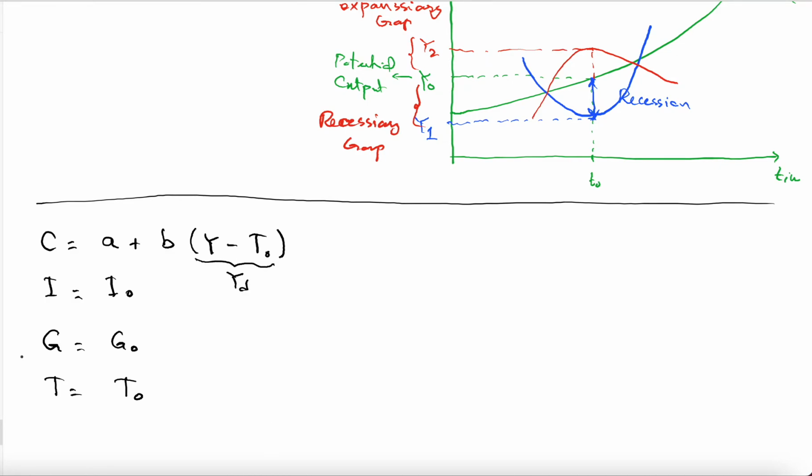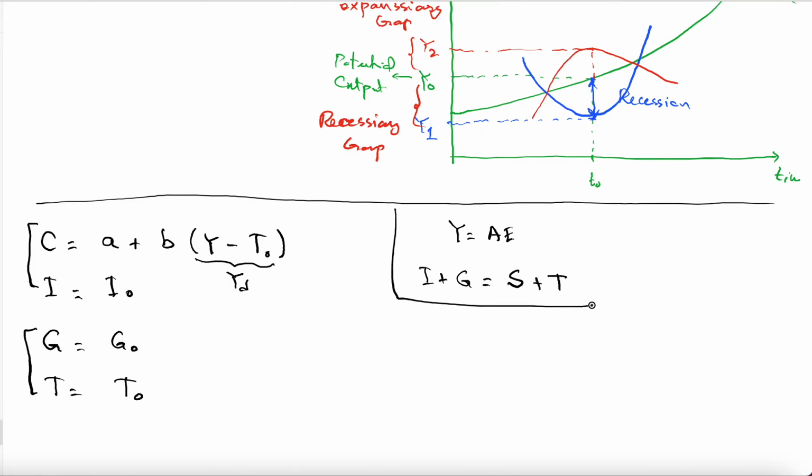So if this is our model, private sector, public sector, the equilibrium would be Y equal to aggregate expenditure, or investment plus government spending, injections, equal to saving plus the taxes.